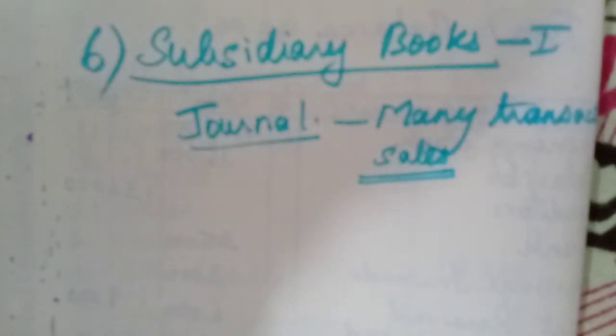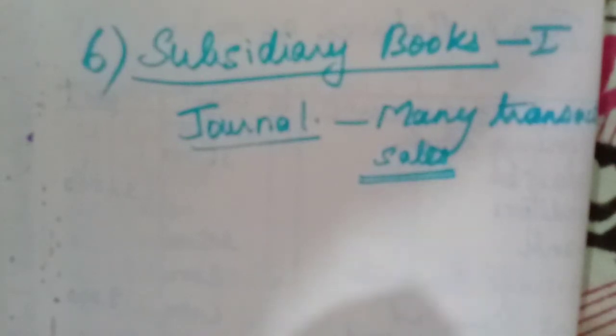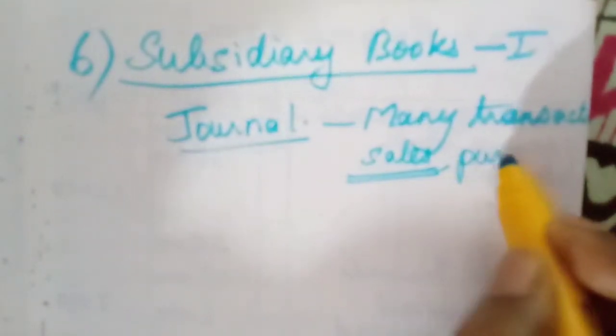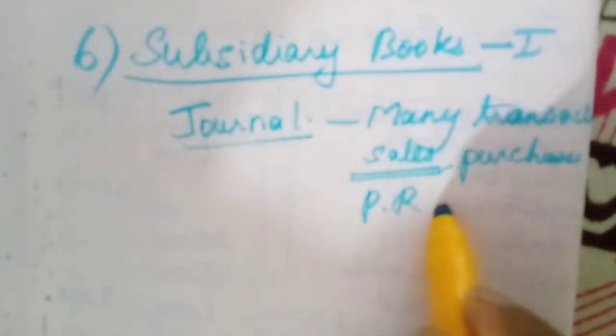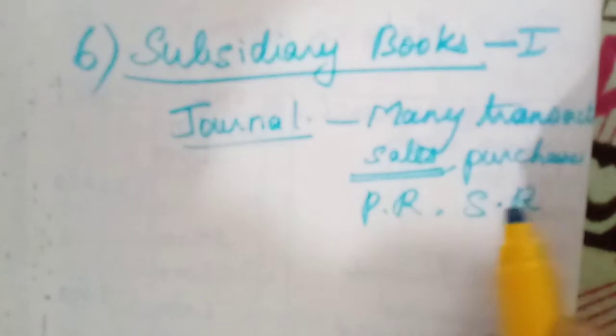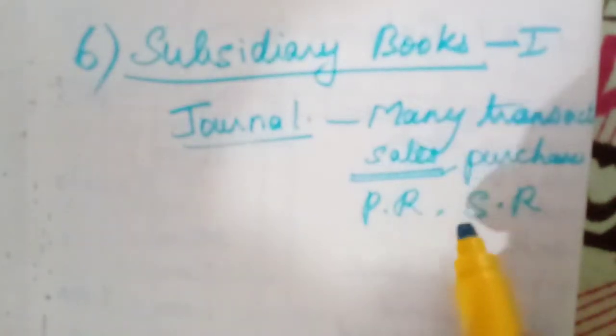So, in order to reduce the work of the staff in preparing journal entries for transactions of a recurring nature, especially sales and then purchases, which happen more, then purchase returns and sales returns, these 4.